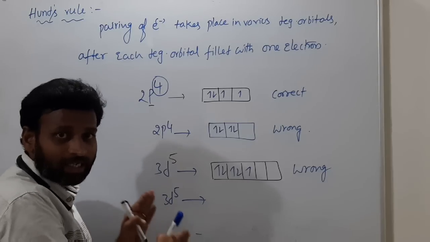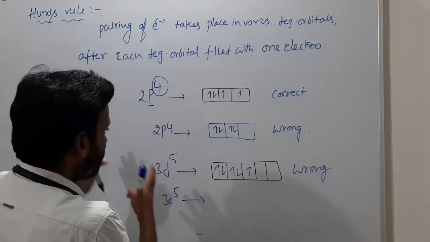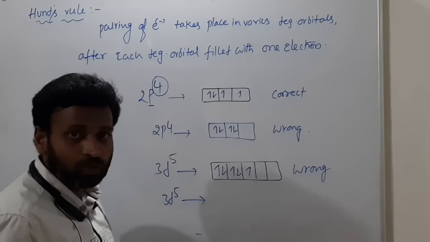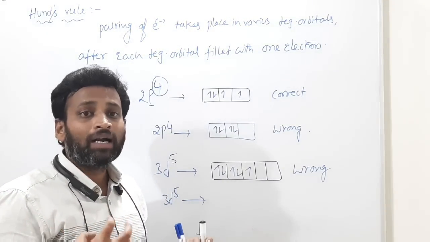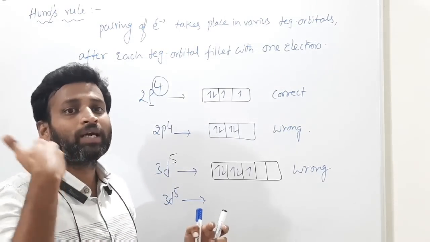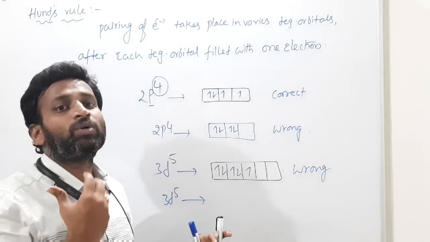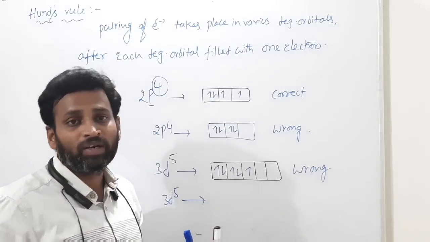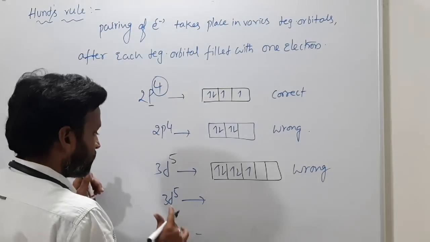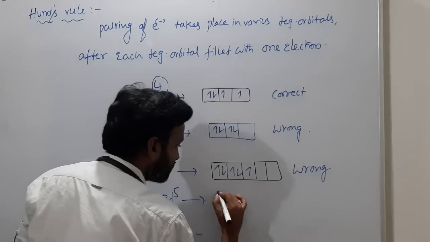This is the way to write electronic configurations. If you understand the earlier Aufbau principle and now this Hund's rule, your level of understanding is higher, I can say, so that you can understand the periodic table easily and chemical bonding easily. Got it clearly? Yes.